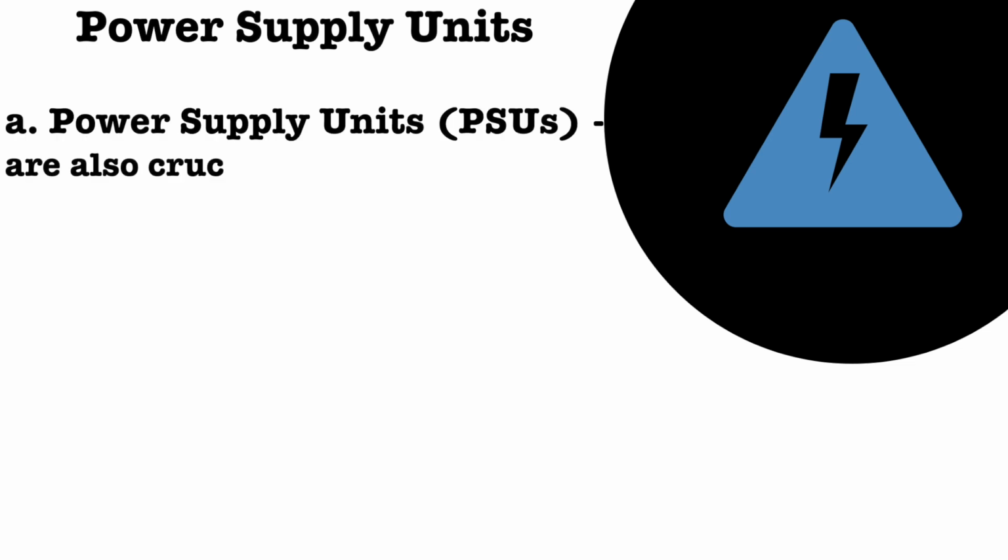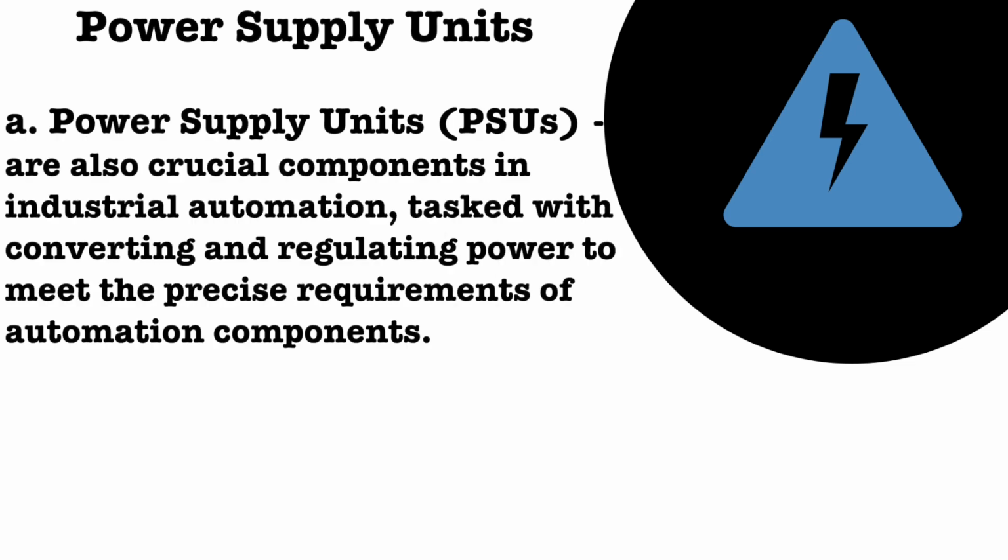Next one is power supply units, that is PSUs, which are crucial components in industrial automation, tasked with converting and regulating power to meet the precise requirements of automation components.